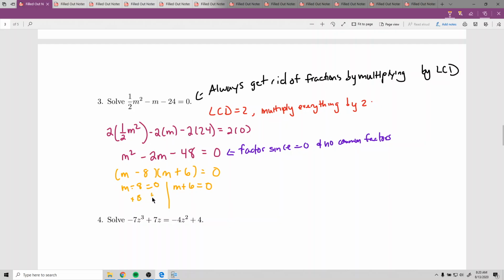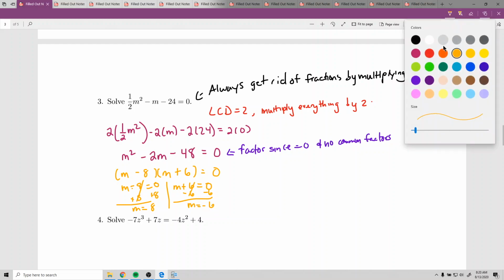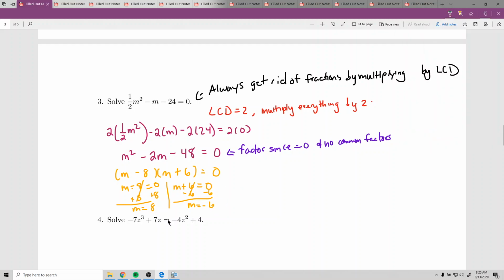Add the 8 to each side, and we get m equals 8 on the left. On the right one, subtract 6 from each side, and we get m equals negative 6. So this one happens to have two answers: 8 and negative 6.